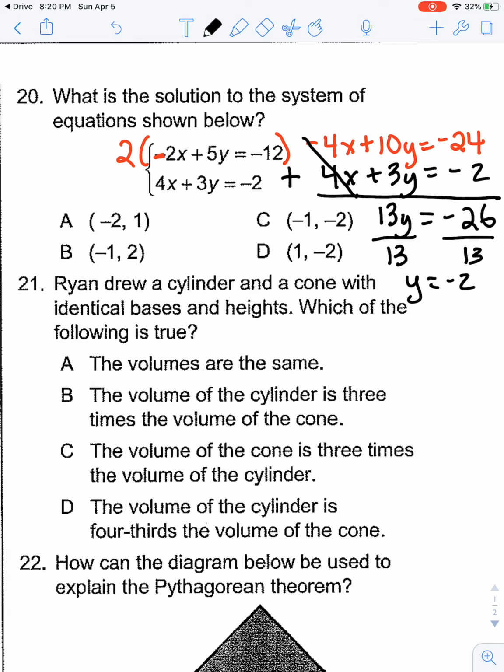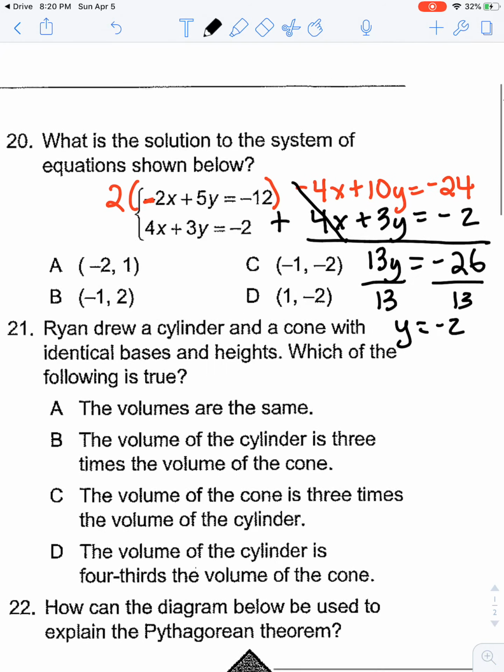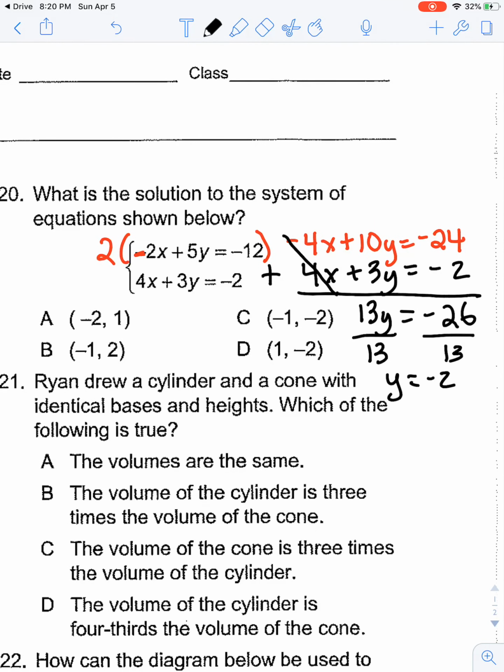Okay, so if y is negative 2, I can take one of the equations from above and substitute it. So let me see. I get a little bit more space up here. I'm going to take negative 2x plus 5y equals negative 12, and I'm going to substitute it with this negative 2. So instead of writing y, I'll write negative 2.